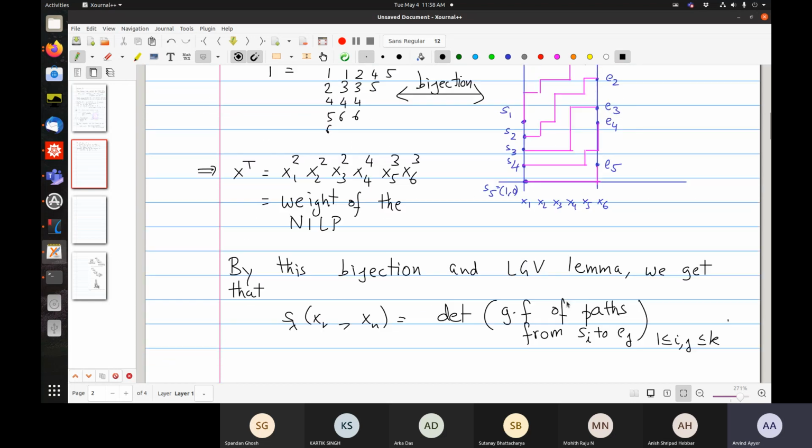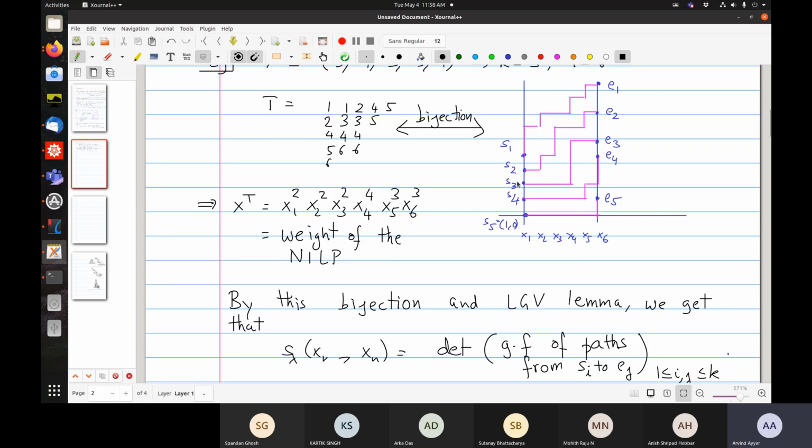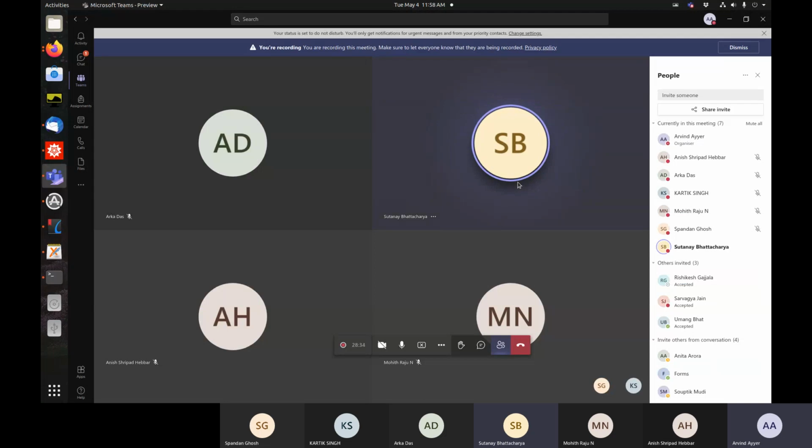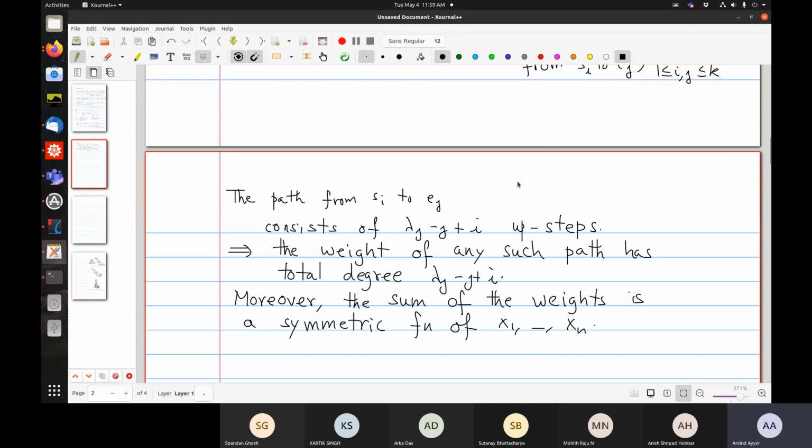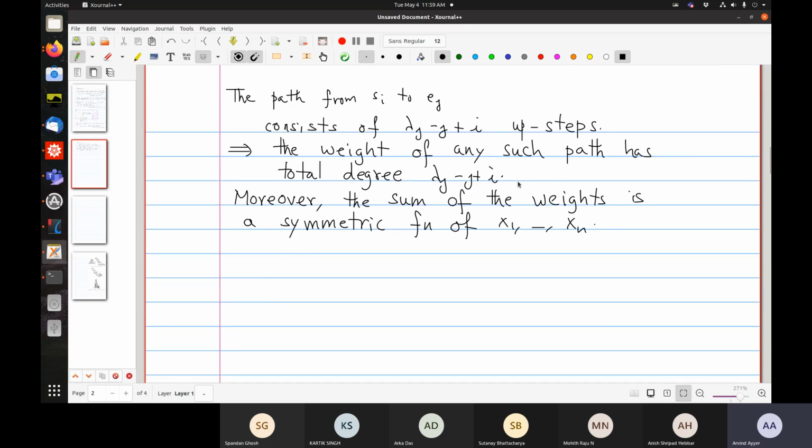I mean a valid monomial. The monomial determines the path completely. Exactly. So the coefficient is 1. So every monomial occurs once. It's a symmetric function. It has total degree this, and there is no restriction.